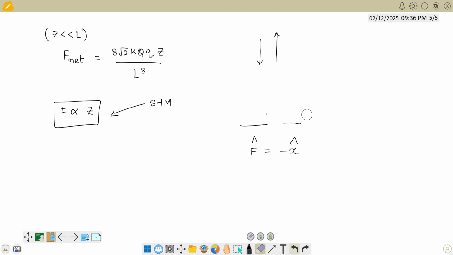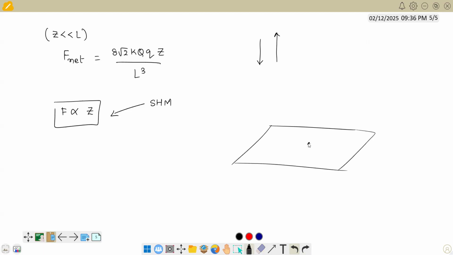How is z cap measured? If you have a square in this shape, the z cap is measured from here to here. This is the direction of z cap. What is the direction of force we are getting? We are getting the direction of force in this way. Vectorially, F cap is proportional to minus z cap, which is nothing but the equation of a simple harmonic motion.